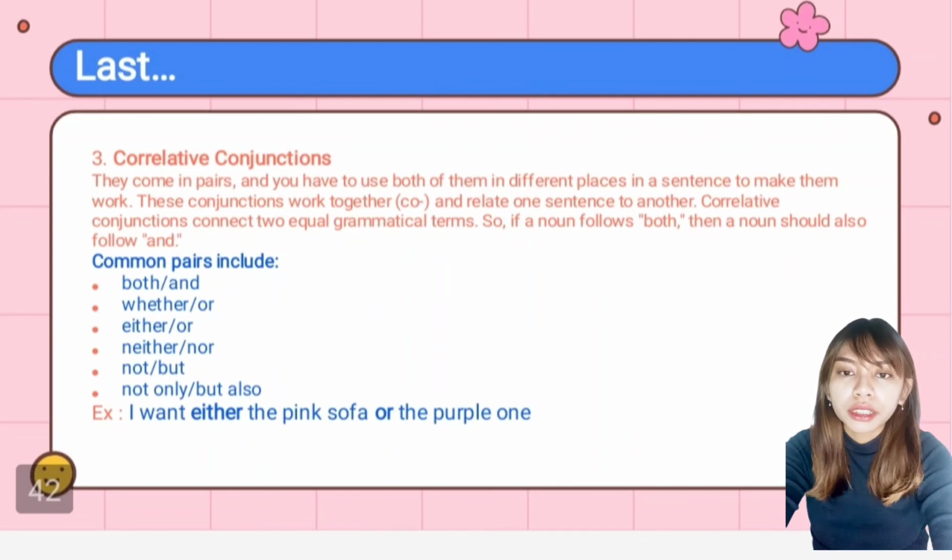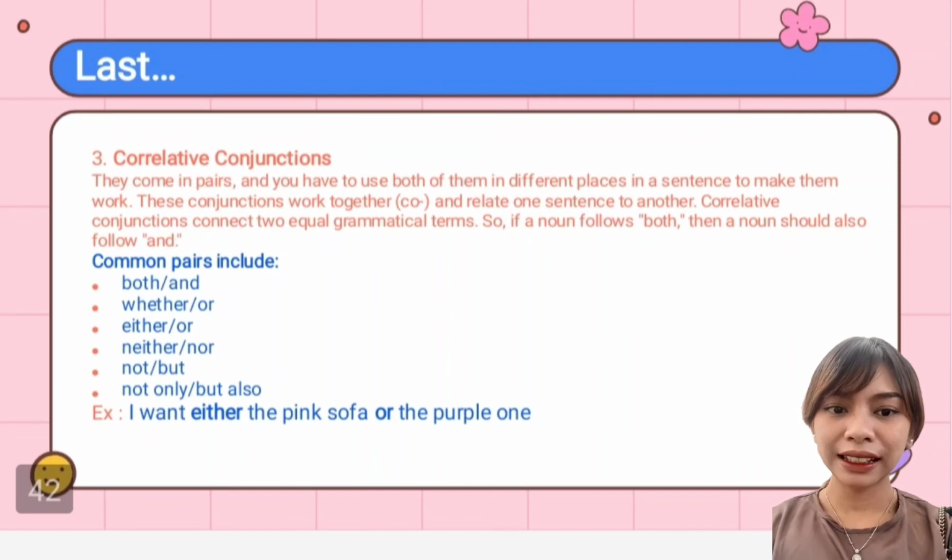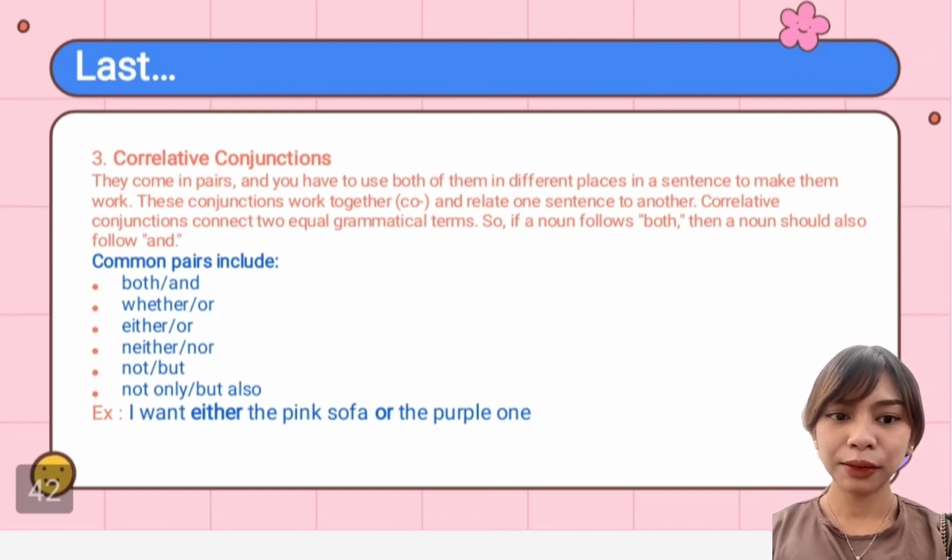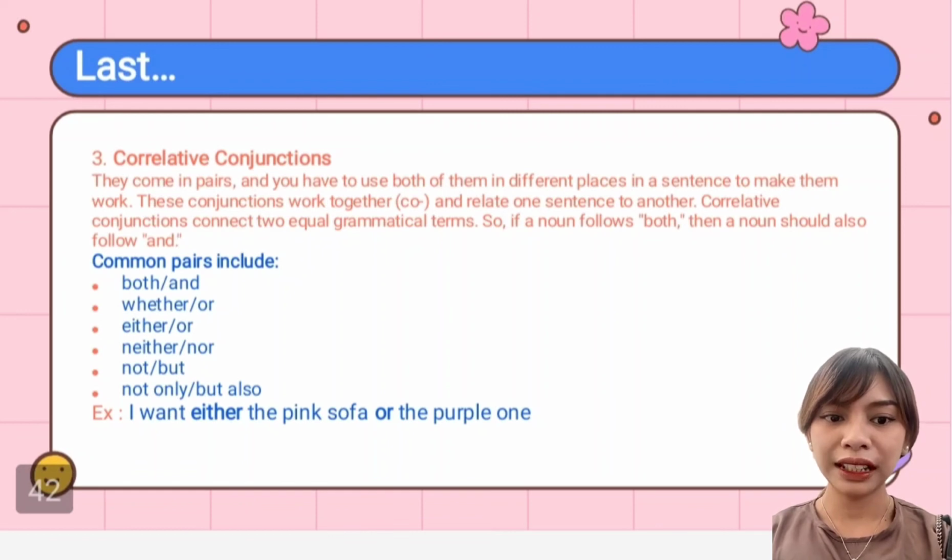The common pairs of correlative conjunction are both and, whether or, either or, neither nor, not but, not only but also. And I will give you some example: I want either the pink sofa or a purple one.